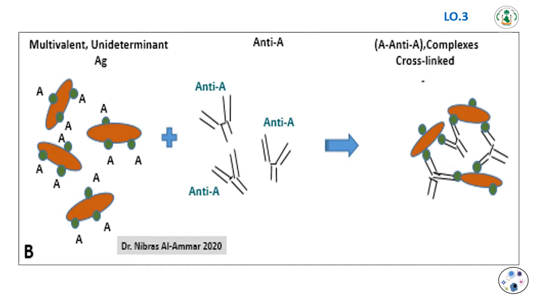When this multivalent unideterminant antigen binds with anti-A antibody, anti-A complexes occur and cross-link between each other. Because the anti-A has two binding sites and the antigen has three binding sites, cross-linking occurs in this situation.